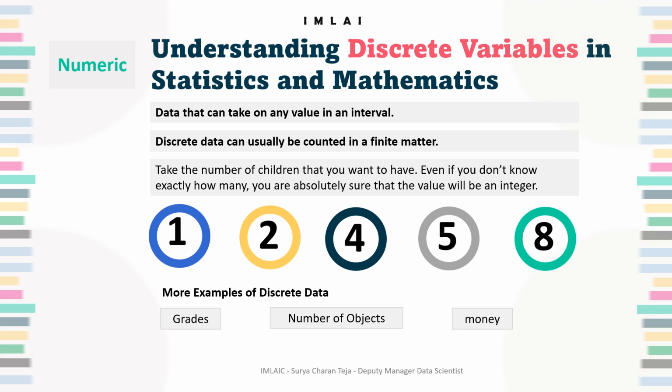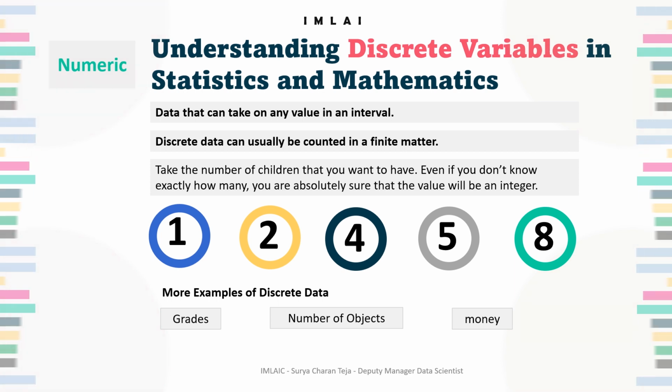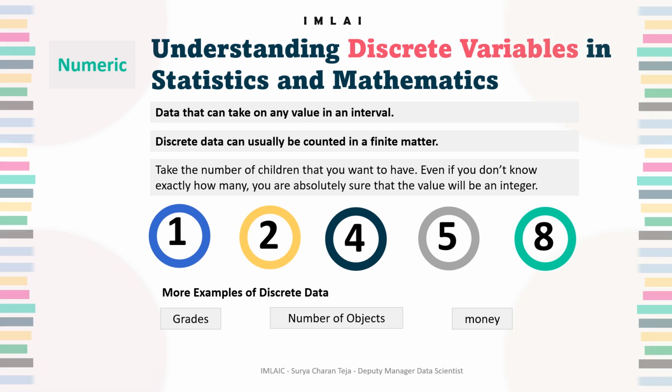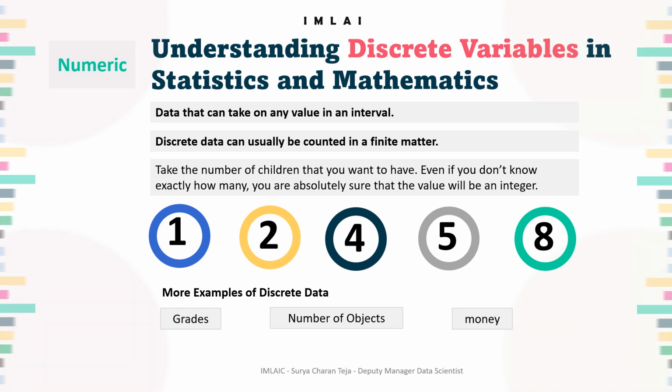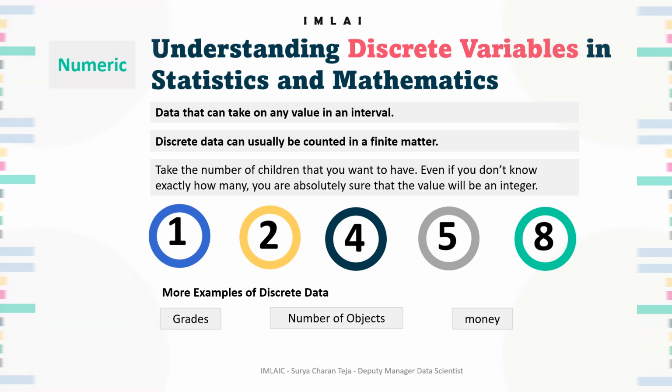Money can be considered both discrete or continuous, depending upon the application. Physical money like banknotes and coins are definitely discrete. But if you do random calculations using money, that's a continuous variable. Whereas banknotes, currency notes, or coins are definitely discrete.